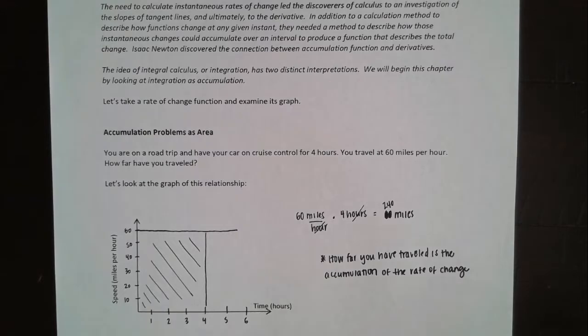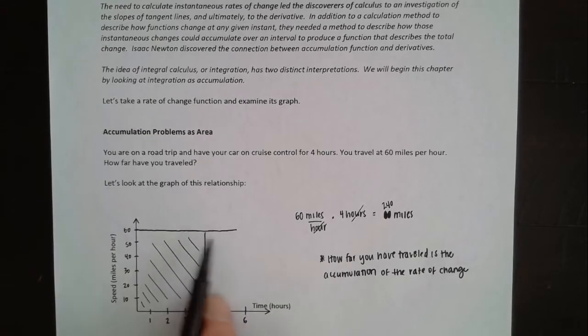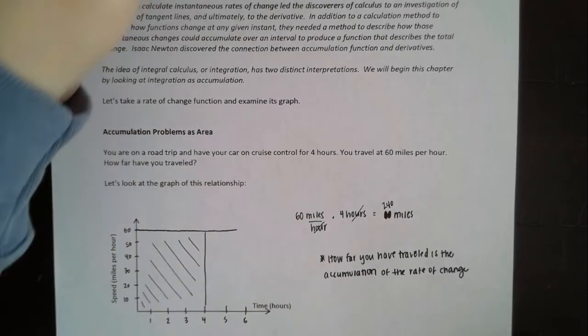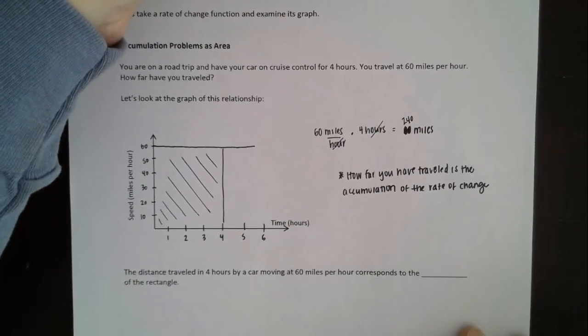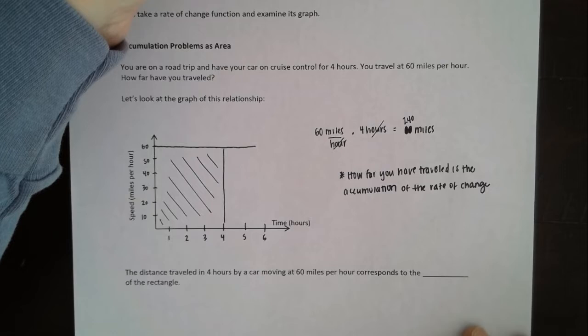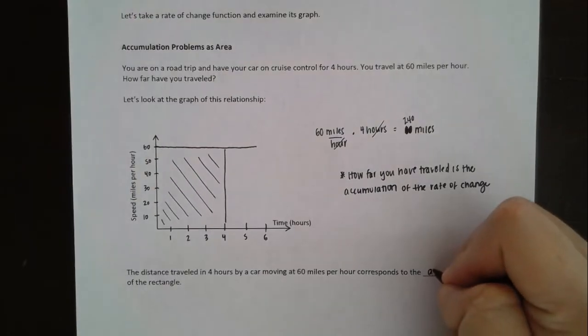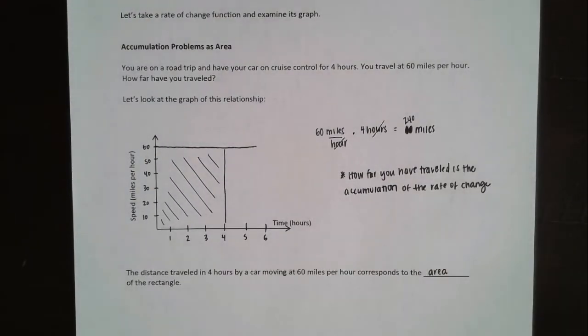And this is a rate of change graph because we are taking a speed, and that's what we were graphing. So how far you've actually traveled after however many hours or whatever the time period is actually the accumulation of the rate of change. And we can also say that the distance that we've traveled in 4 hours by a car moving at 60 miles per hour corresponds to the area of this rectangle.